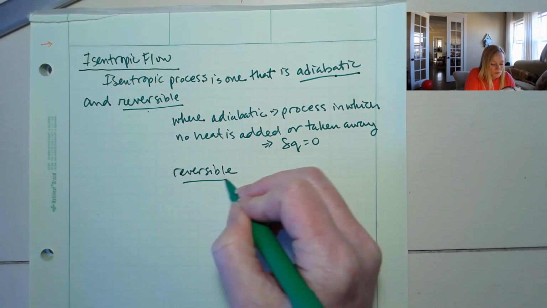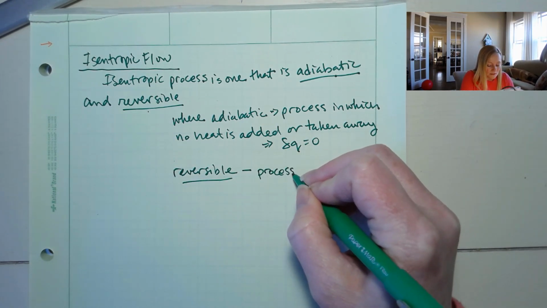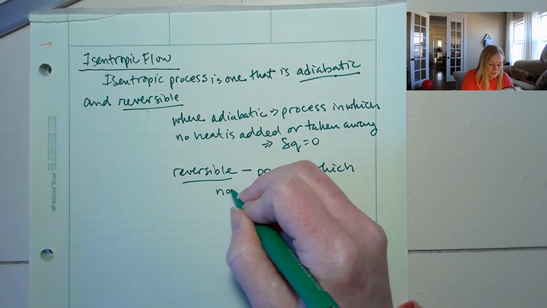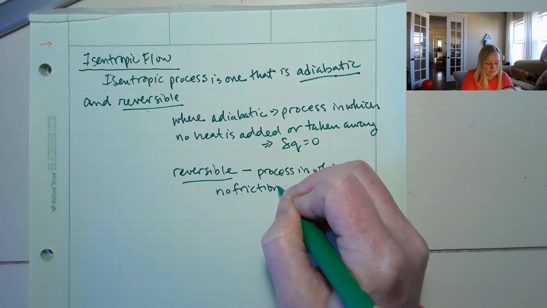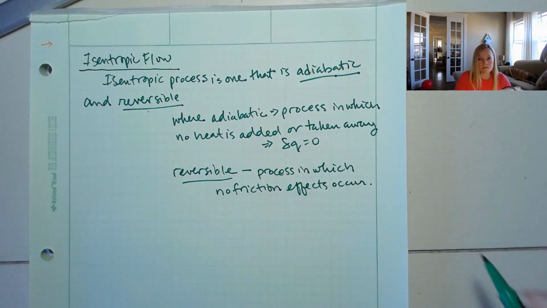So reversible, when we talk about that, that's going to be a process in which no friction effects occur. All right, so in this class, that's what we're going to refer to when we say it's reversible. No friction. So if we have these two conditions, we're going to have isentropic flow.